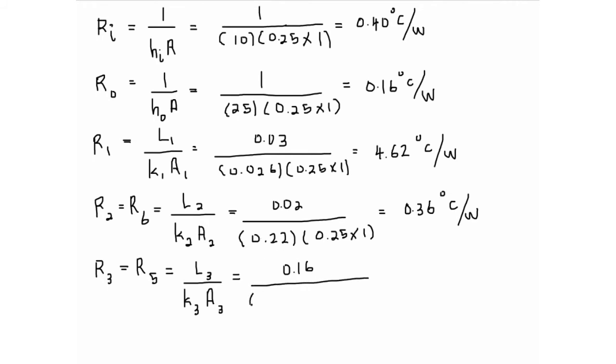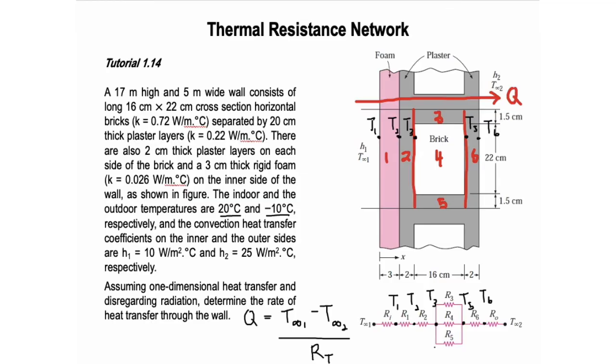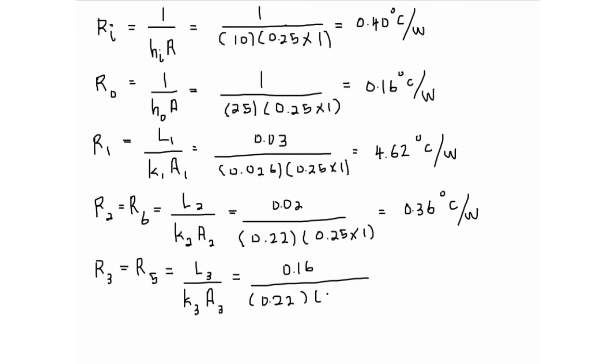So K is 0.22. Okay, now the height is not the same, 1.5 centimeters, so it becomes 0.015. So this one you're gonna get 48.48.